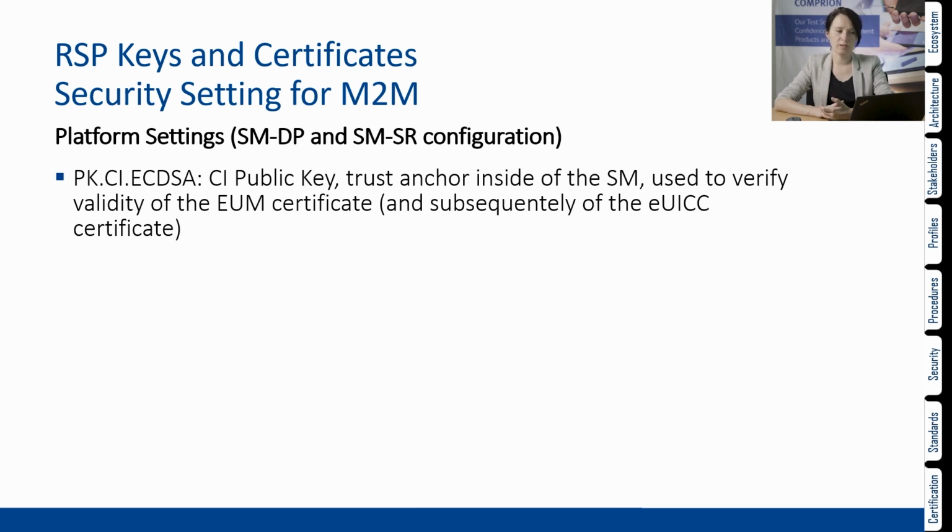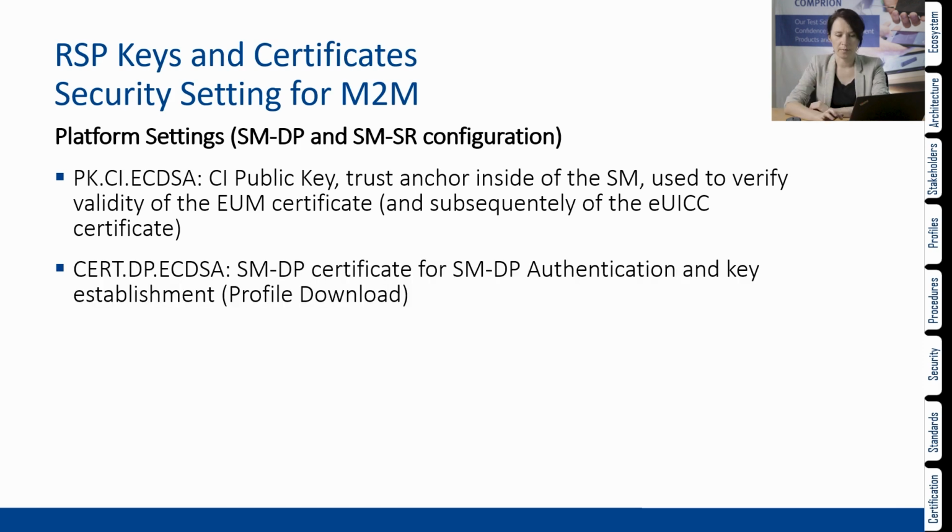First of all, the CI public key, which is part of the CI certificate, is the trust anchor inside of the subscription manager, used to verify the validity of the EUM certificate. And if you know the validity of the EUM certificate, you will subsequently know if the eUICC certificate is authentic as well.